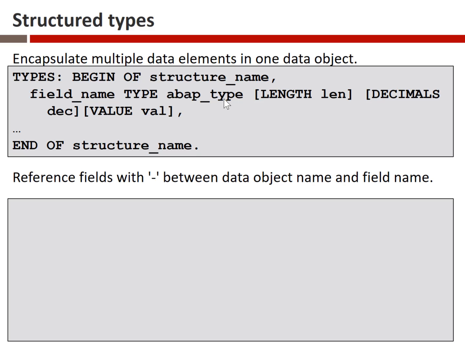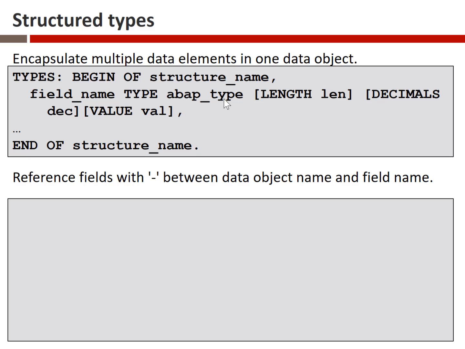When I write my code, I reference the fields using the name of the data object dash the name of the field. So let's say that I created a type called user info type. And then I created, not typo, type, and then I created a data object called uinfo. And in my data object, I had a field for first name, for last name, and so on.